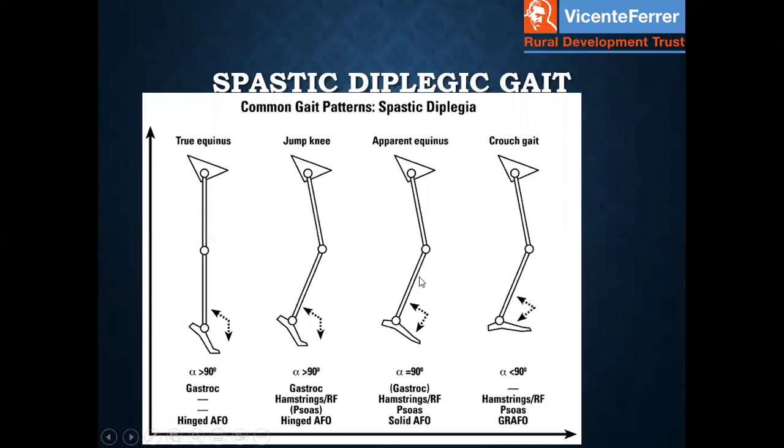Once it progresses to crouch gait, this angle completely reduces and becomes less than 90 degrees. These two gaits are very energy consuming. So before they reach these gaits, we should always help the child either with physiotherapy and good orthotics before 5 years, and at around 5 to 7 years of age, we should offer a surgical intervention.